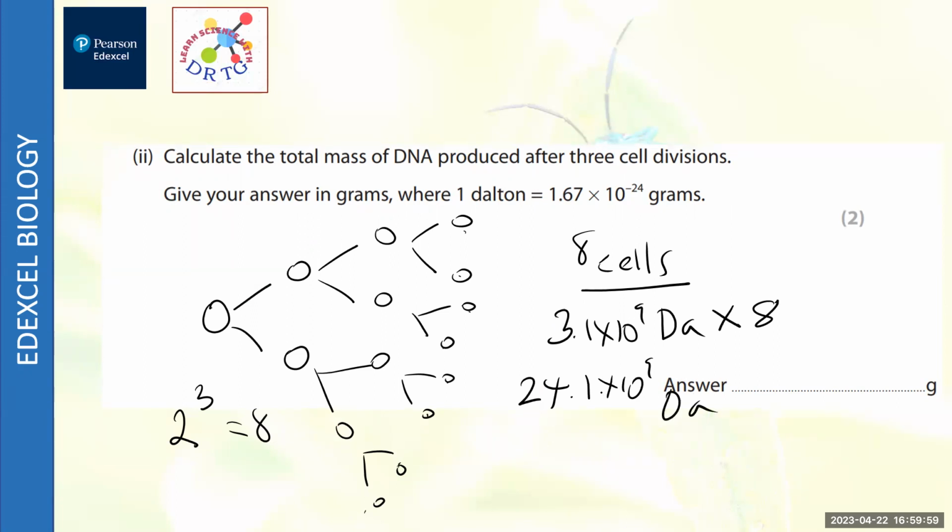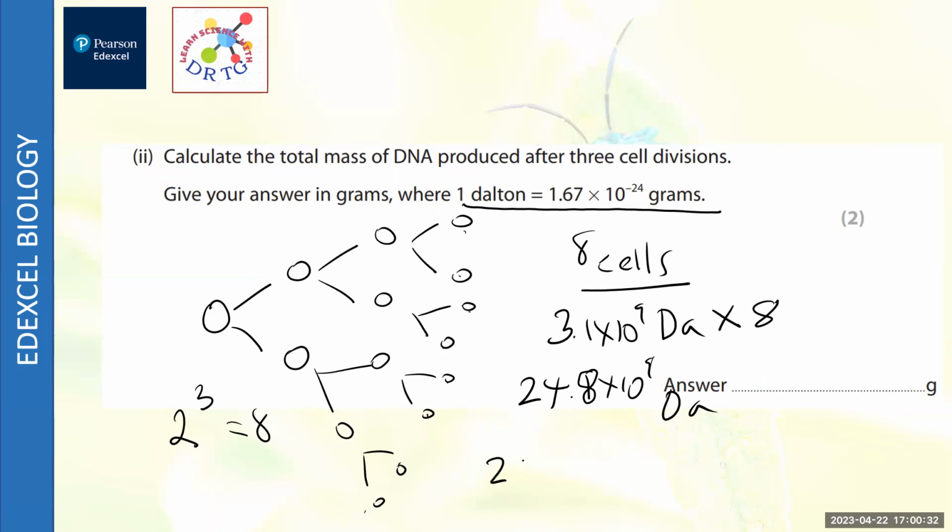24.1, no, 24.8 times 10 to the power 9 is the total mass. So 1 Dalton is 1.67 times 10 to the minus 24 gram. So 1 is this much, and how much is 1 Dalton equal to this?